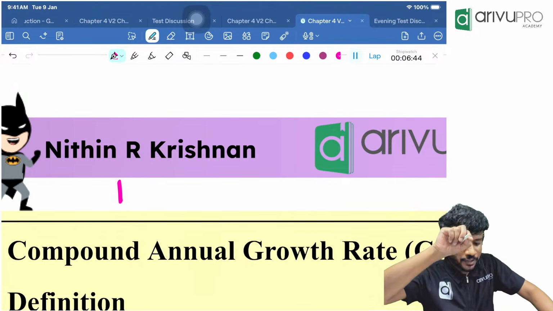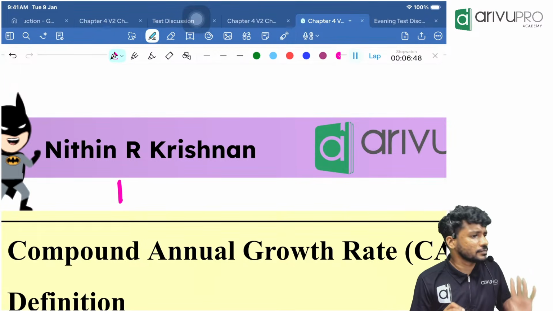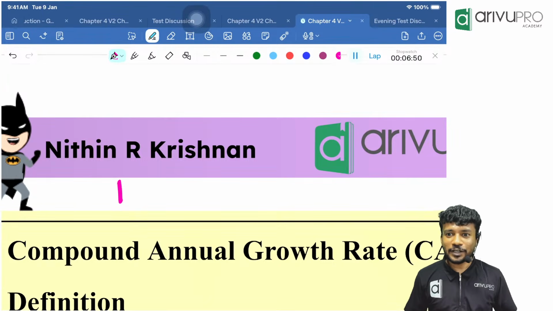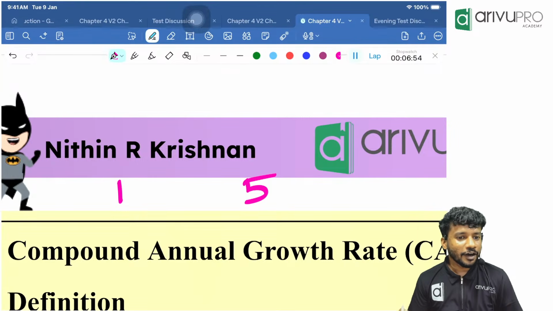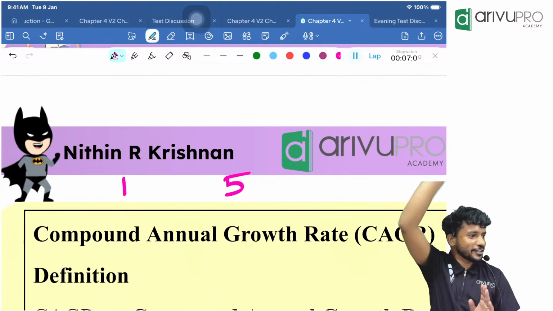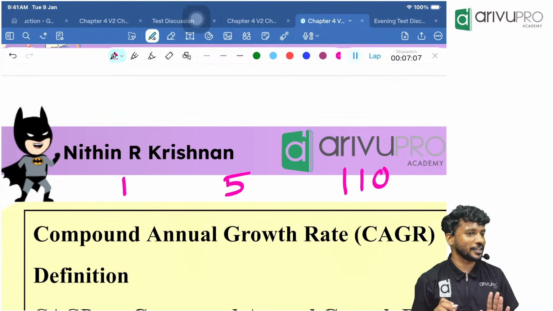Let your knowledge at that time be 1. On the second day, you learn a little more calculation tricks, and your knowledge level rose to 5. Then on the third day, you are doing peak level calculation tricks. Just like Columbus, it became 110 on the third day.